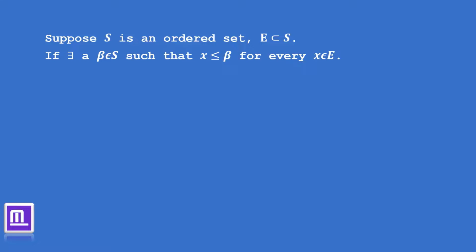But to generalize, you can think of x as related to beta, if there exists a beta in S such that every element in E is related to beta. And in order to avoid what is meant by equality and all those things, you can take distinct elements.